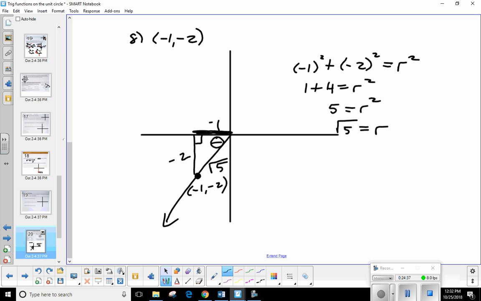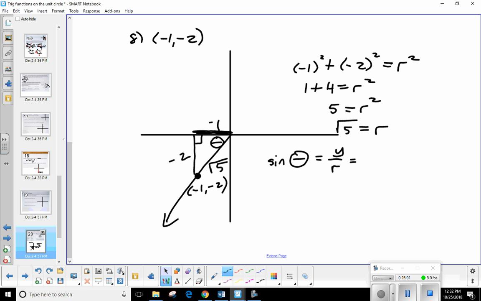Now that you have the triangle, it just wants you to find those 6 ratios, just like we've been doing. So let's start with sine of theta. Is everybody okay with how I created the triangle? Sine was always y over r.